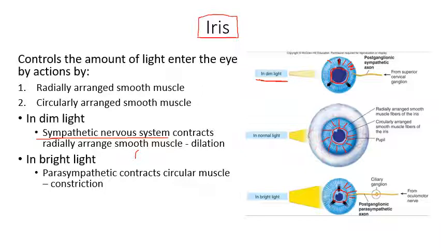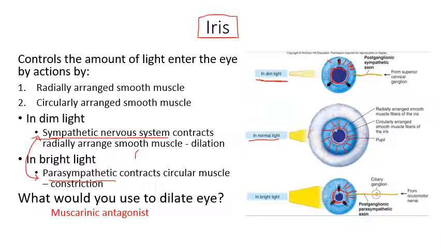In normal light, we're kind of in between these two states. This circular muscle is controlled by the parasympathetic. These two work antagonistically, so usually when one is working, the other is dampened down. But we're going to see this in the next lecture when we do autonomic.